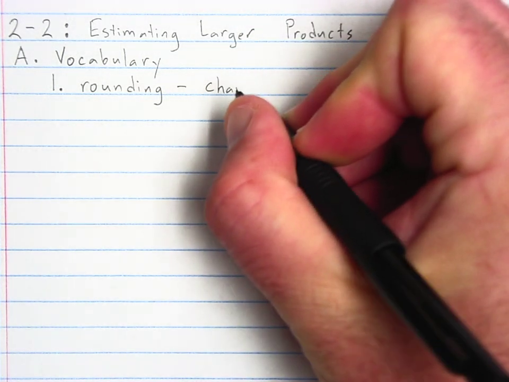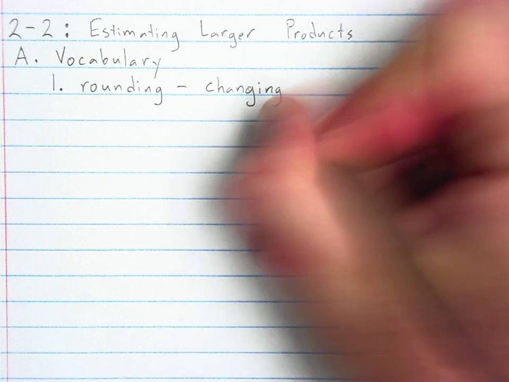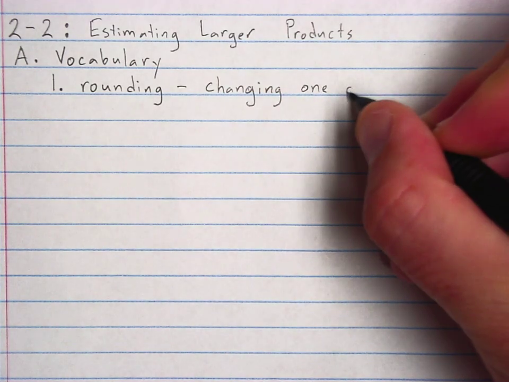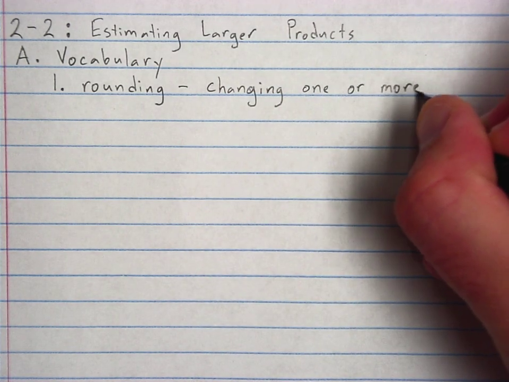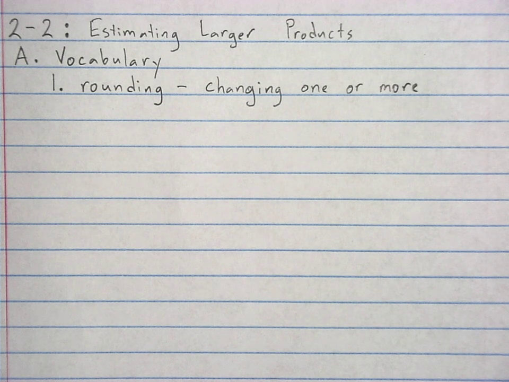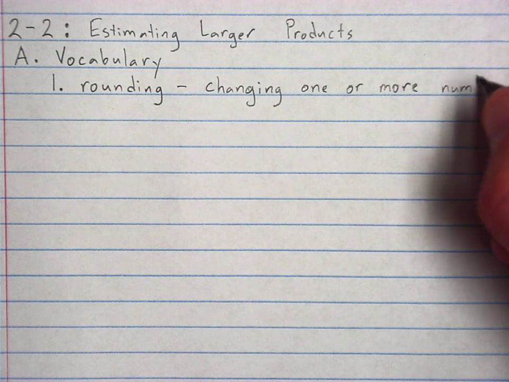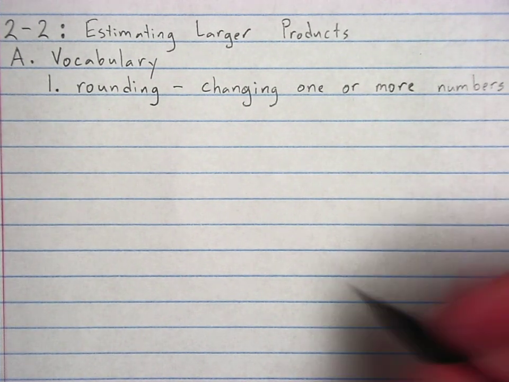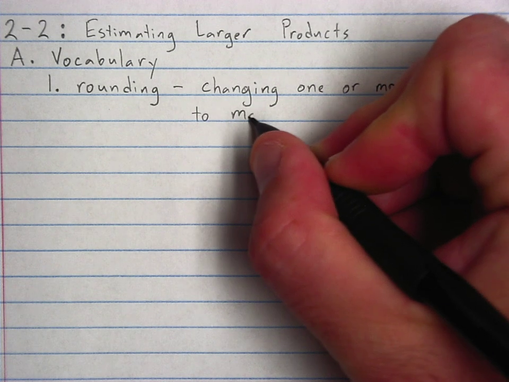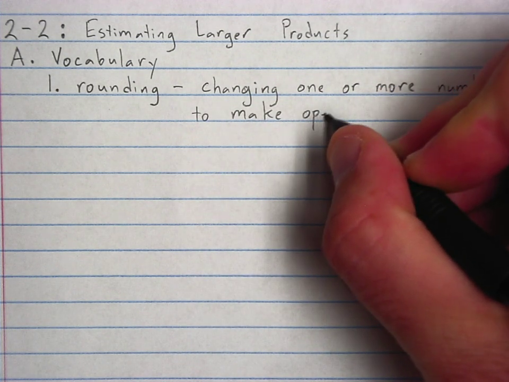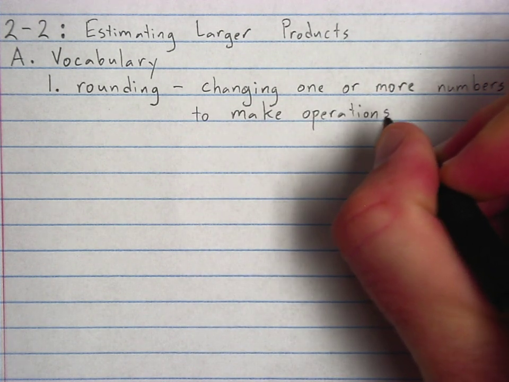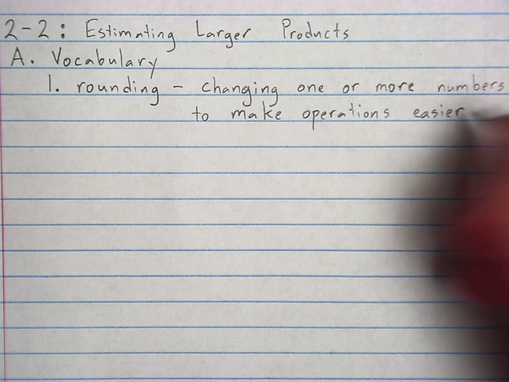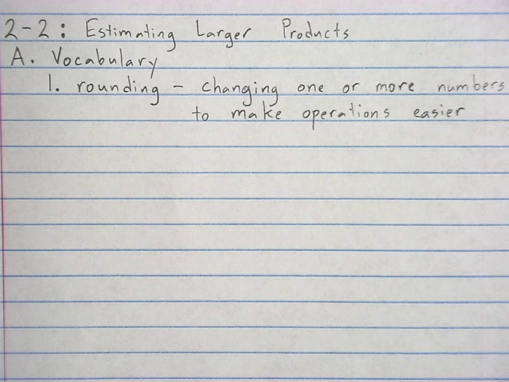Rounding means changing one or more numbers, and today it's going to be more. Changing one or more numbers to make operations easier. Ideally, you want to try to make operations completely mental. You want to make it something you can do in your head.